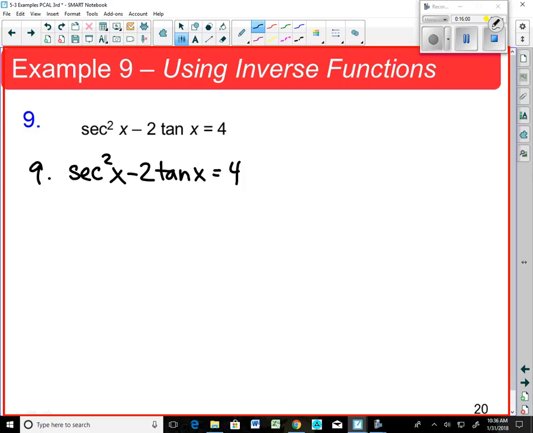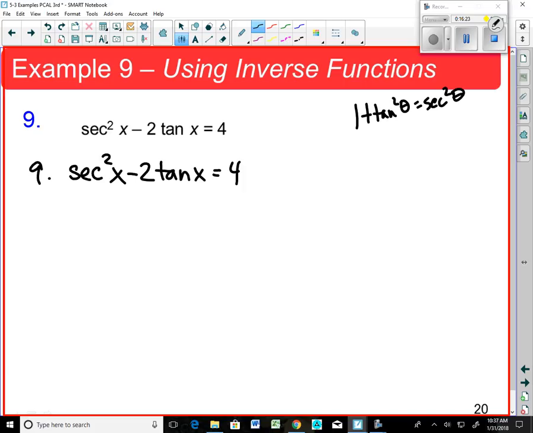Do you know which one it is? Yes, 1 plus tangent squared theta equals secant squared theta. And since we also have a plain tangent, it's this one that we want to change everything into.